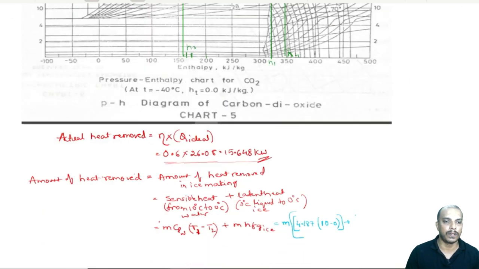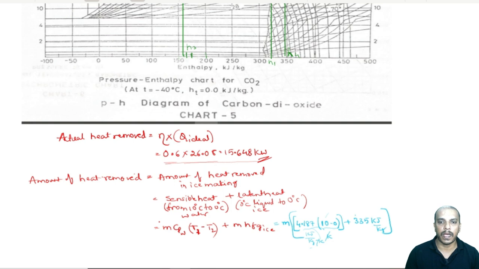We will have to check the units. Cp is in kilojoule per kg Kelvin, and this temperature difference can be in Kelvin or degree Celsius, both are the same. So this is in kilojoule per kg and this is also in kilojoule per kg.